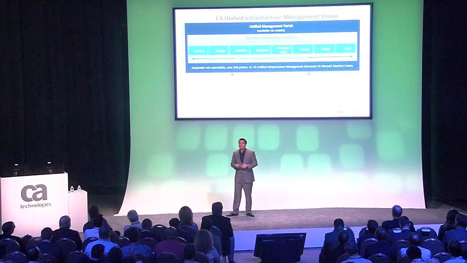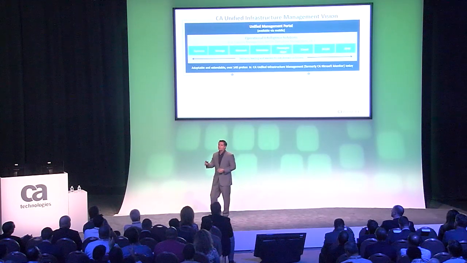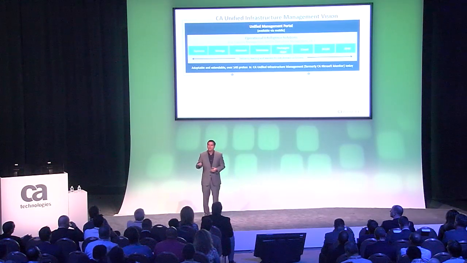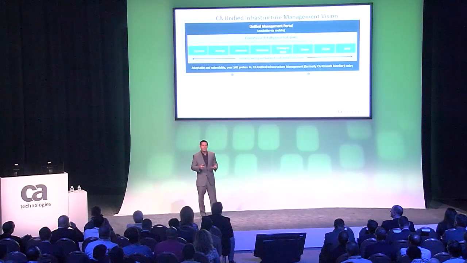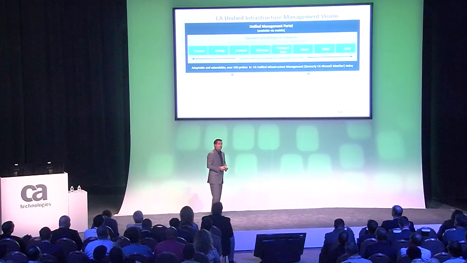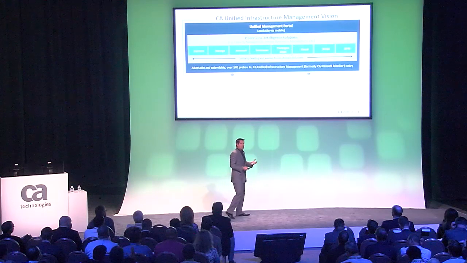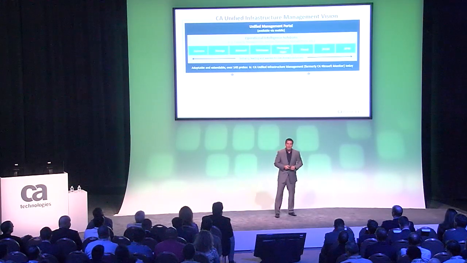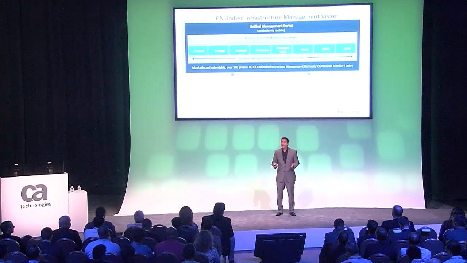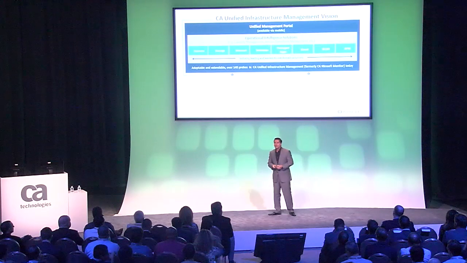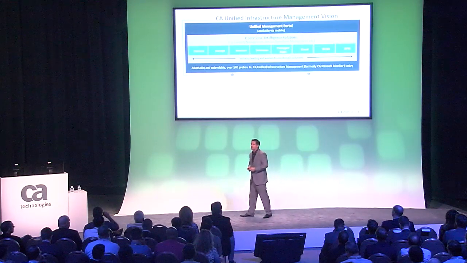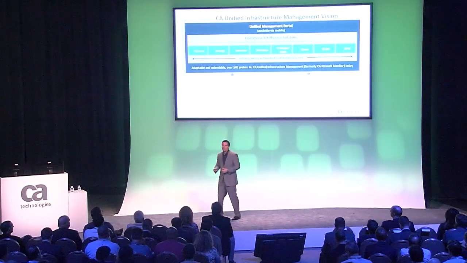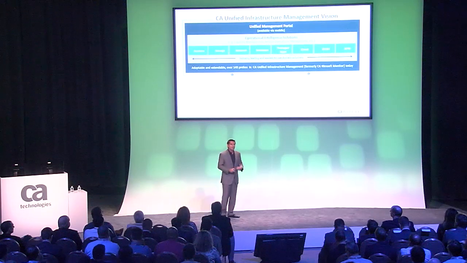Public cloud environments. We have out-of-the-box probes for the most common public cloud environments, including Amazon, Azure, Rackspace, and so on, as well as private clouds, vBlock, FlexPod, all out of the box. And we're working on adding support for System Z, as well as big data. So you will see from us the ability to monitor Hadoop, Cassandra, MongoDB, and so on.